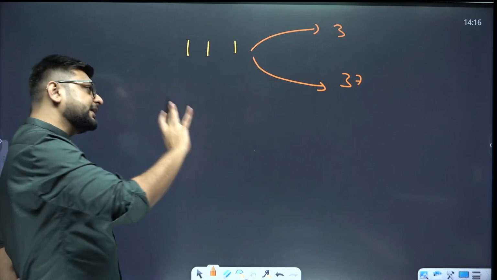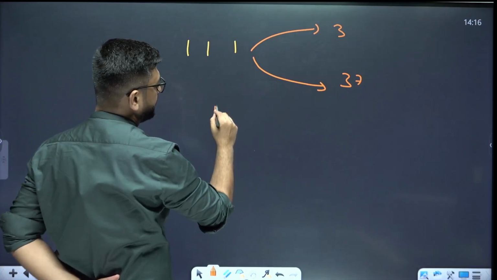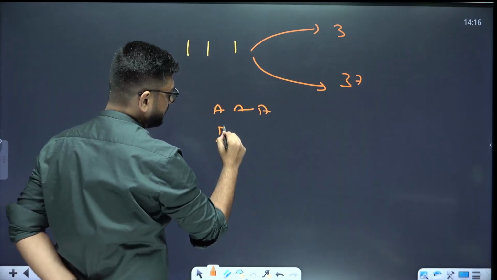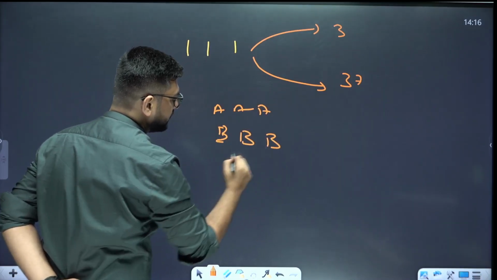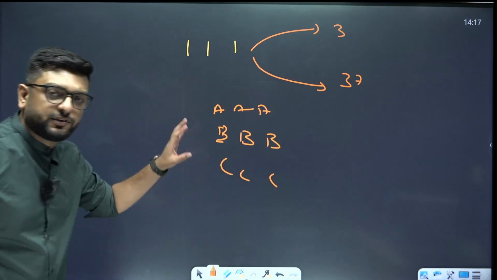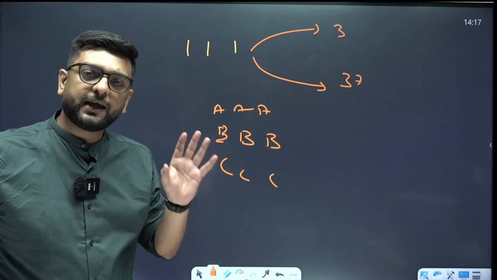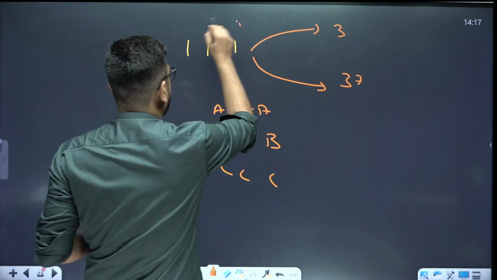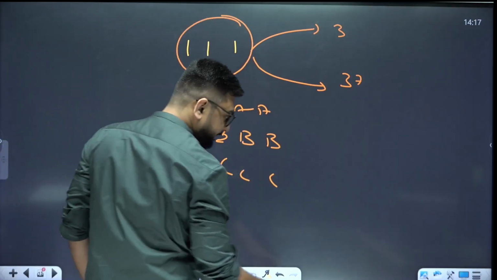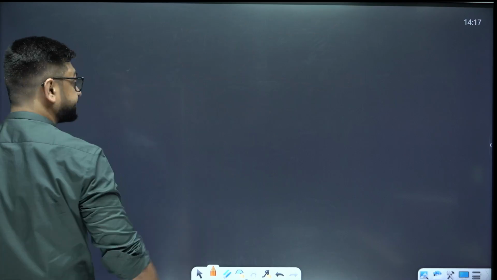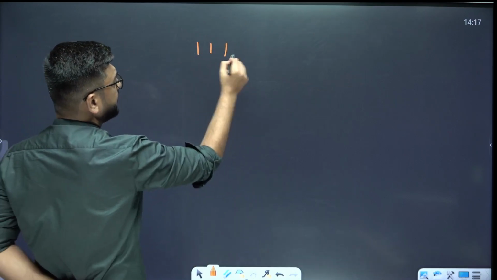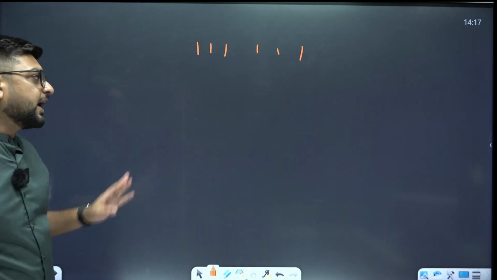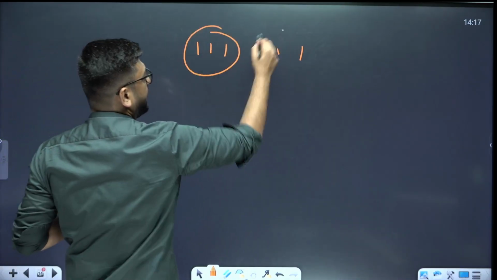So any number of this form, that is ABBC, if they are of this form, they are exactly divisible by 3. Now if I am writing 111 111, are they in batches of 3 and 3?